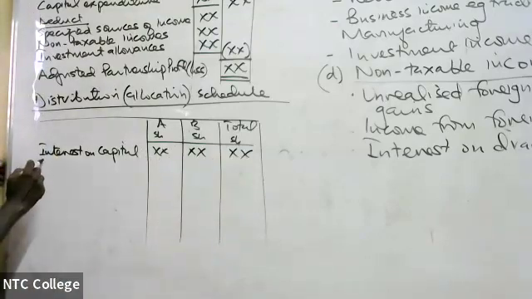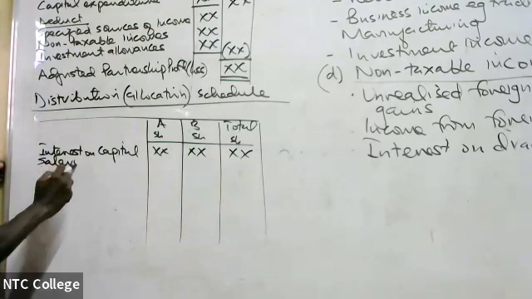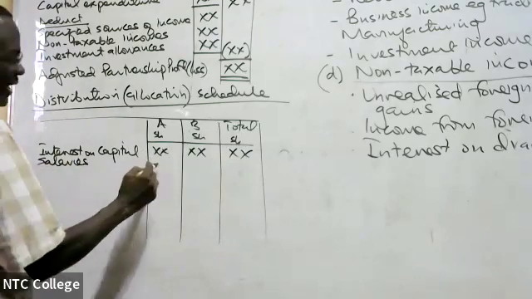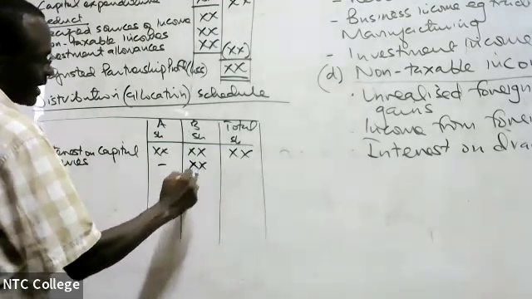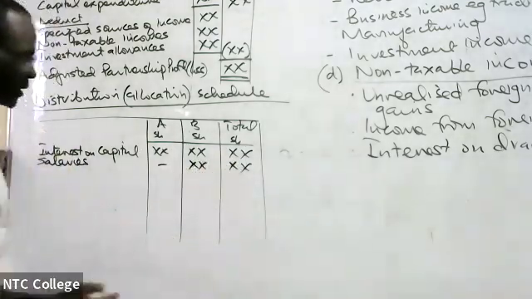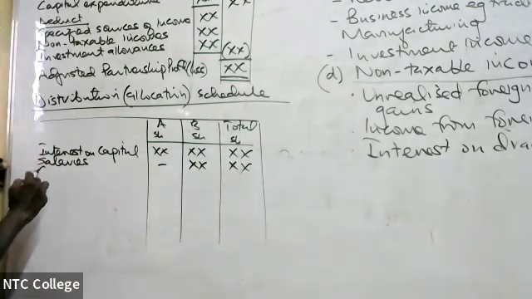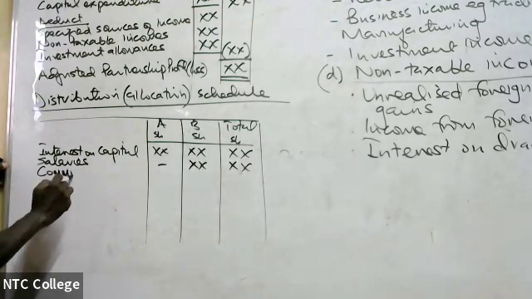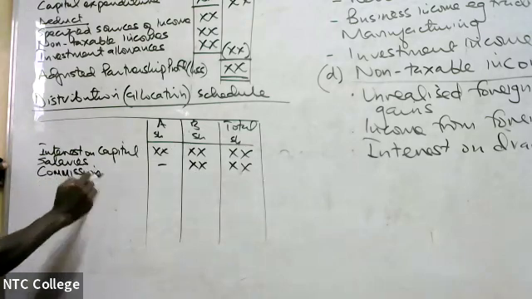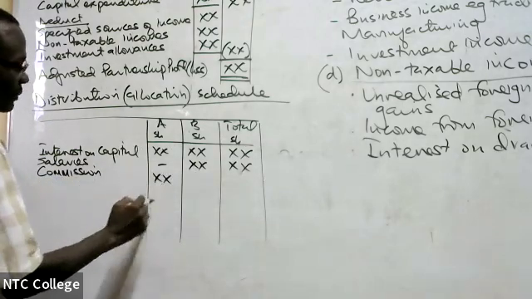Like salaries, probably A was not paid because he did not run the business, it's just B, book salaries. Or commission. Maybe A got commission.